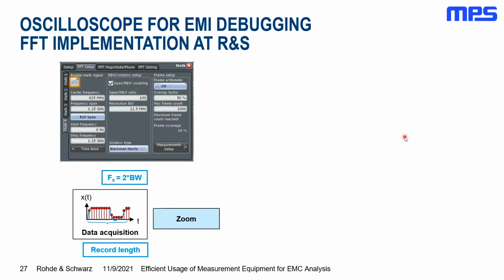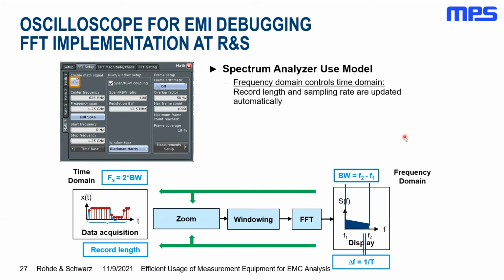That's why the colleagues in R&D came up with the idea, why not let the frequency domain control the time domain? So first of all, we adjust the time domain to meet the zoom requirements of the frequency domain, and therefore we are not losing any resolution in the frequency domain, and we are capable of doing narrow bandwidth resolution too. That's also called the spectrum analyzer mode.